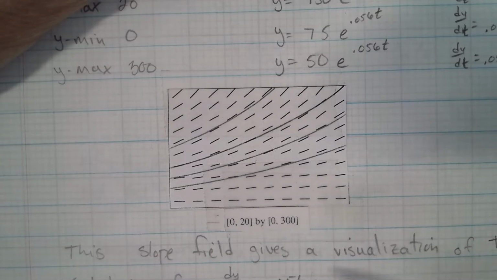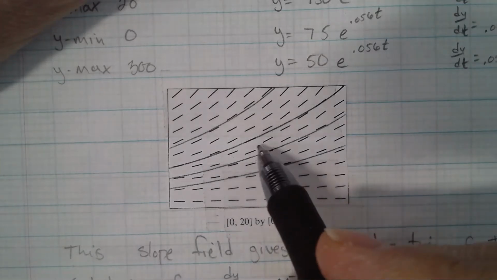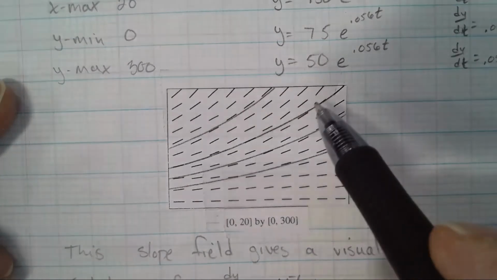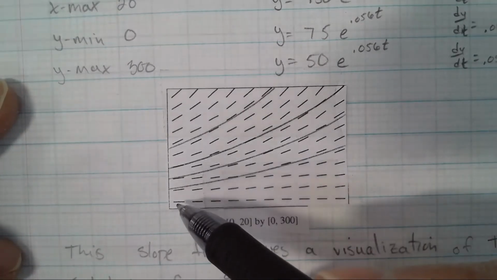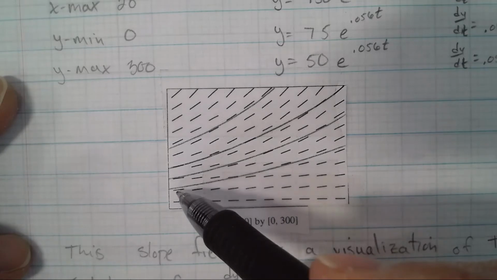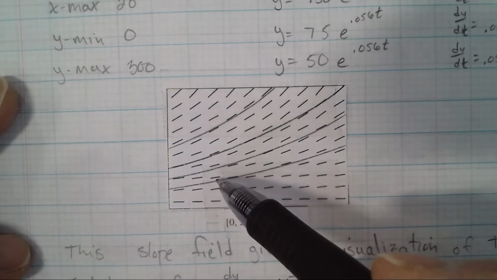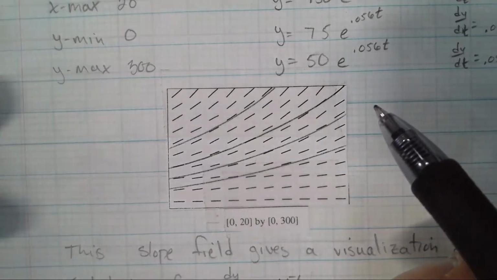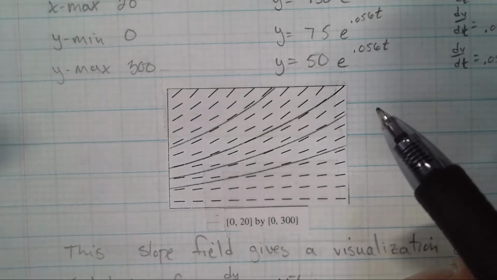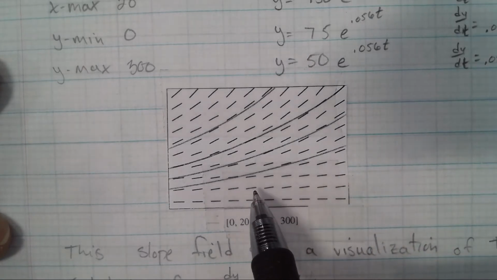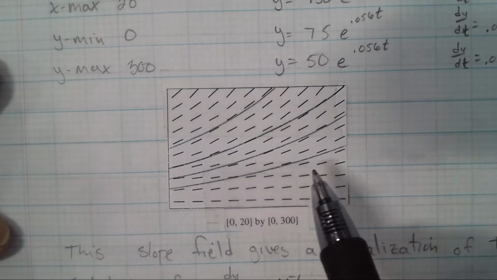We can't show each individual one, there's an infinite amount. So slope fields are generally on integer spots. So this might be 1, 1, this could be 1, 2, 1, 3, this would be 2, 2, 3, 3, and so on. Each individual dot on the graph gives you a line segment that represents the slope at that particular point.